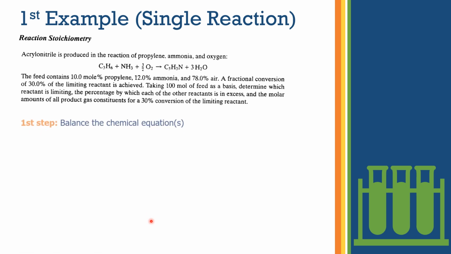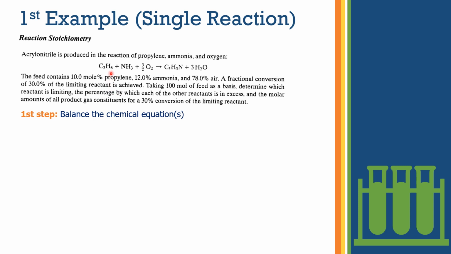So the first step is to balance the chemical equation. Usually it is given balanced already, but we have to make sure that it is balanced. Here we have 3 carbon, and also here we have 3 carbon atoms, so carbon is balanced.